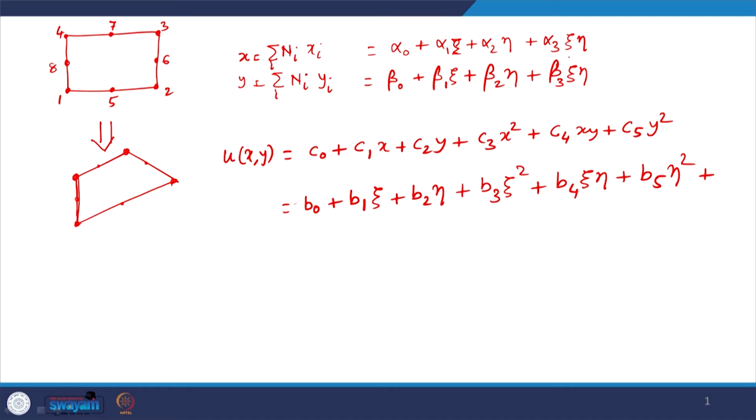There is a possibility that these terms get multiplied with each other, so there would be terms involving xi square eta, terms involving xi eta square, and terms involving xi square eta square.